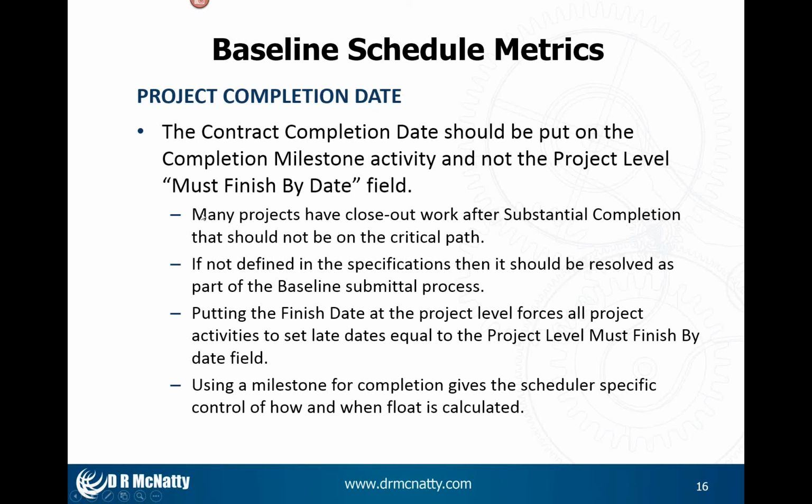So if the way that this is being done is not defined in the specifications, that should be discussed as part of your submittal process. I like the milestone because it does give me very specific control of how the float is going to be calculating on the schedule.